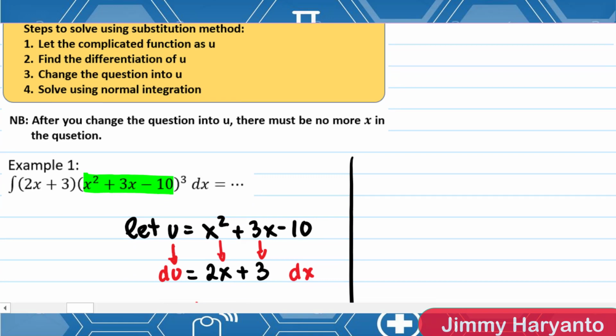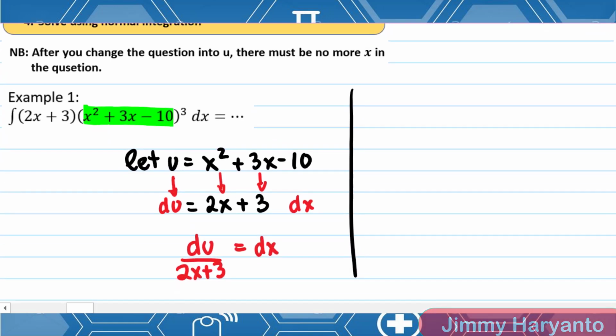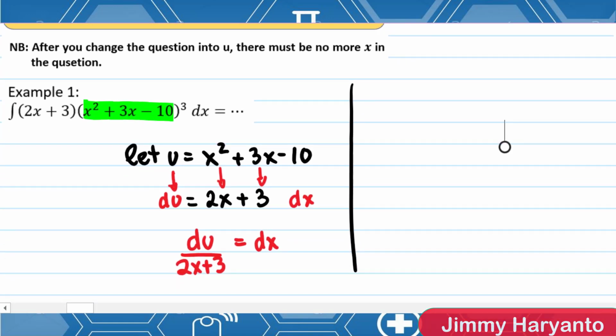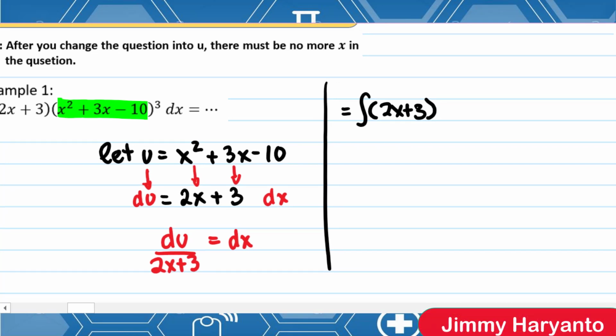After that, the third step, change the equation into u. It will be integration of 2x plus 3. Leave it like that because we didn't let that be u. And then after that, the green function, we let the green function be u, right? So that becomes u, and the function has the power of 3, so I will write 3 right there.